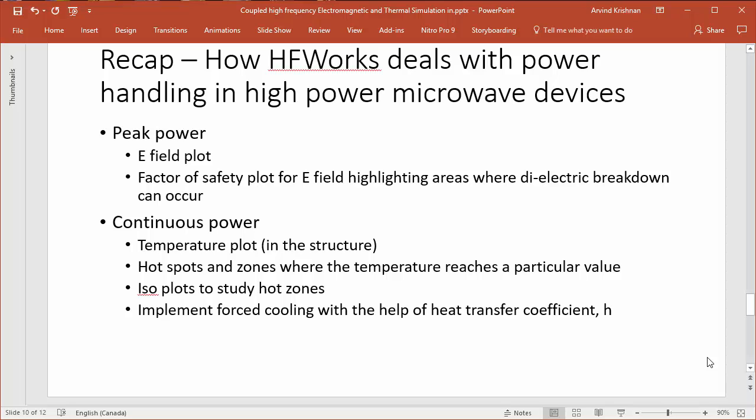The next one is the continuous power operation, and this is where the thermal part comes into play. It helps you identify hotspots and the areas in your model that can get heated. Isoplots help you identify zones which get heated above a certain value, and so on.